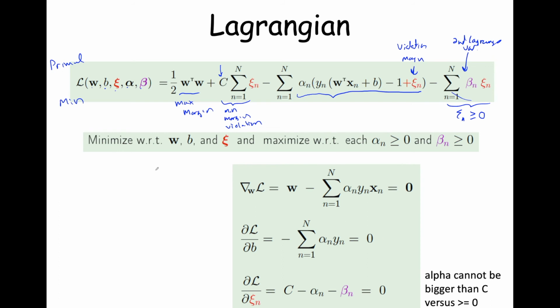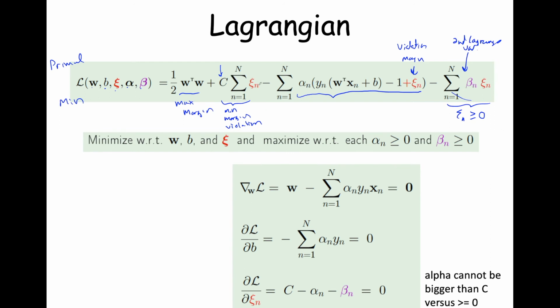So then lastly, if we take the gradient with respect to psi, we have three terms in a sum. We have this term, C times the sum of all the psi n's. And then we have this term: alpha n times this psi n underneath that summation. And then we also have this minus beta n psi n. So if we take the gradient with respect to each one of the psi n's, only one term from each of these sums counts.